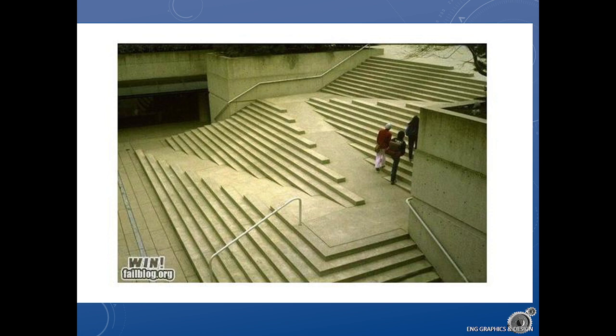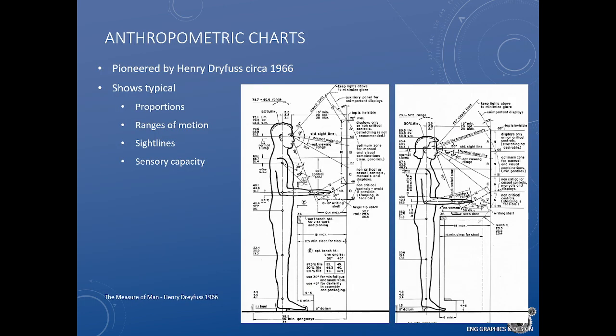I also want to bring to our attention a specific example. I'll narrow this down; we're talking about really broad things. Anthropomorphic charts are a useful tool. These were pioneered by an engineer called Henry Dreyfuss. He's pretty famous in the world of design.